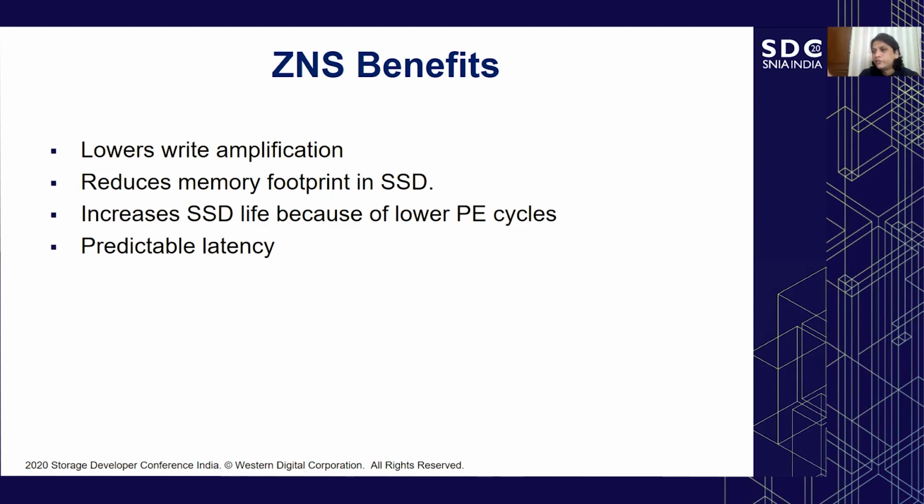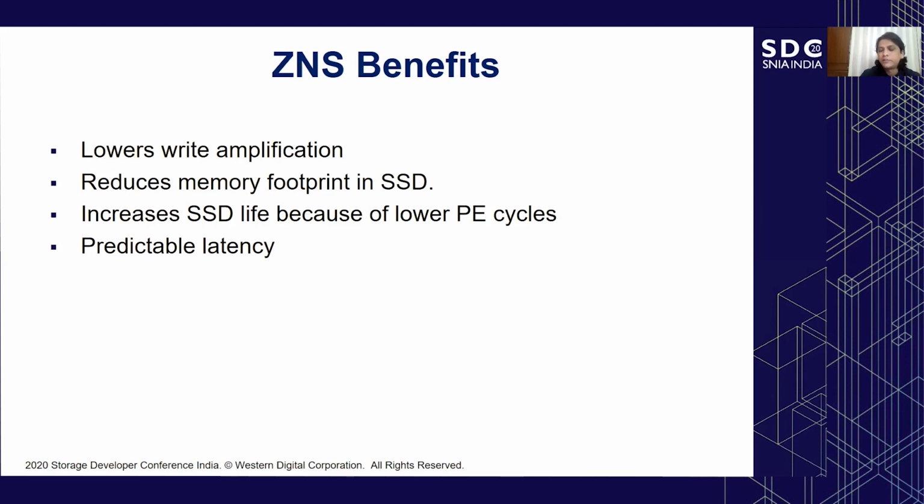That NAND is getting used to accommodate garbage collection. So with ZNS, that is also available to the user. So you get more NAND for the same amount of money that you spend, and that is one more benefit of ZNS.